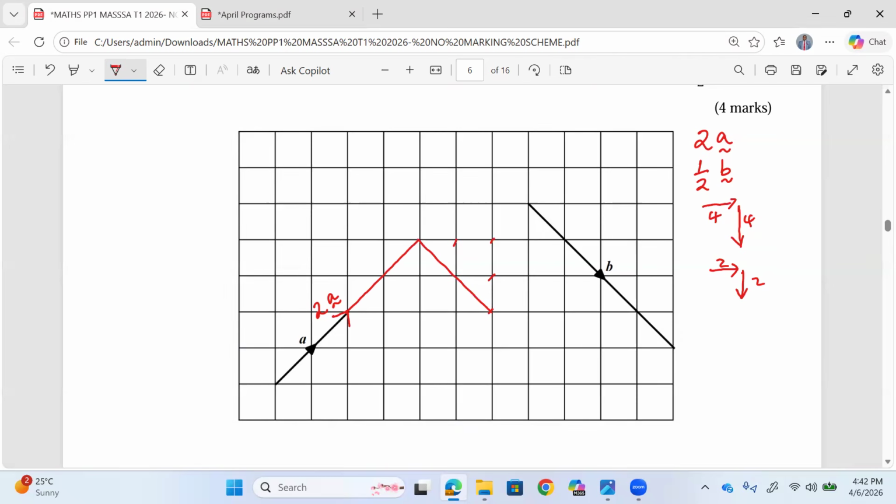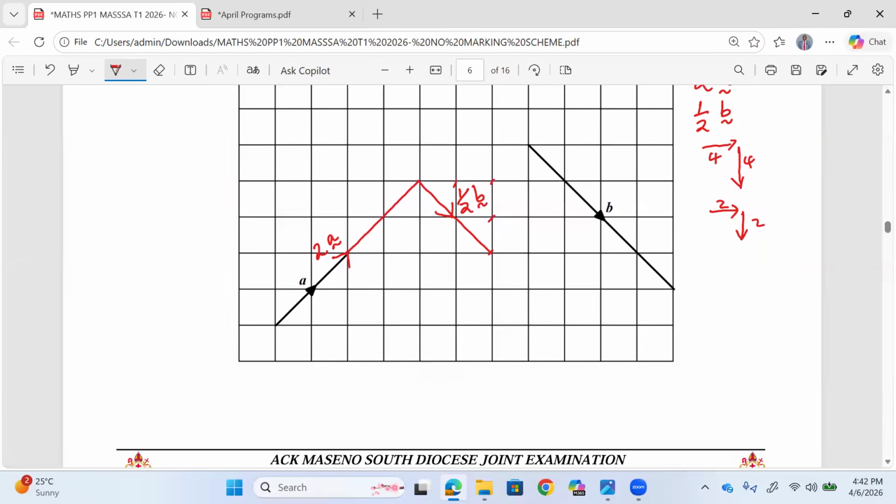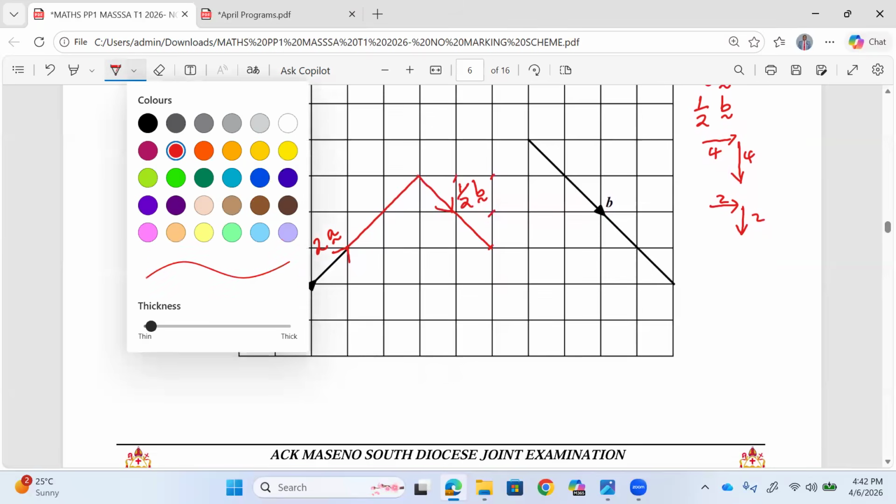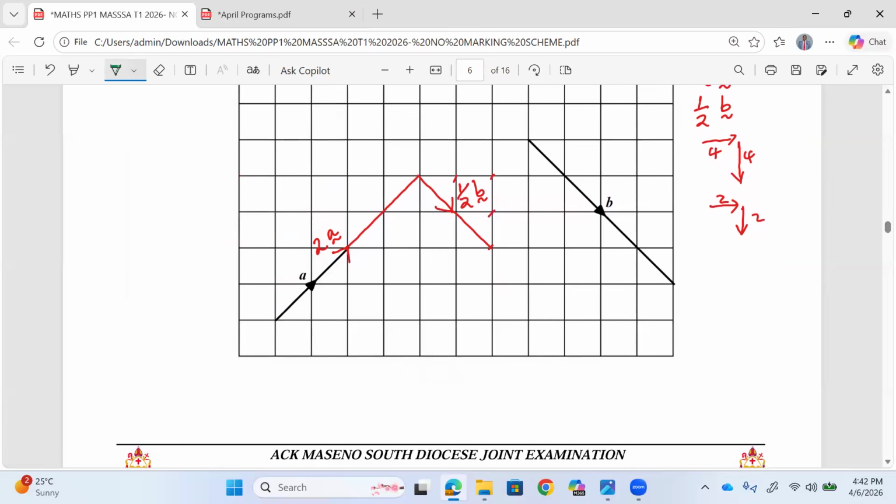So we attach it there. This is half vector B. With this now, we are starting from 2A all the way to half B. This is now the vector 2A, and we have added half vector B that way.